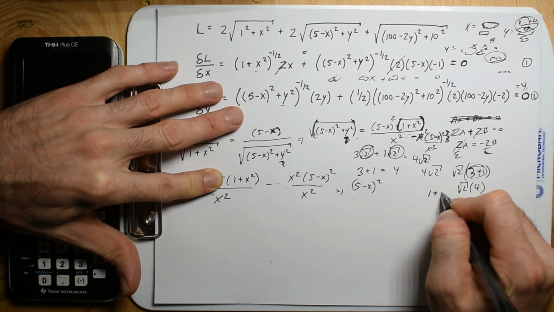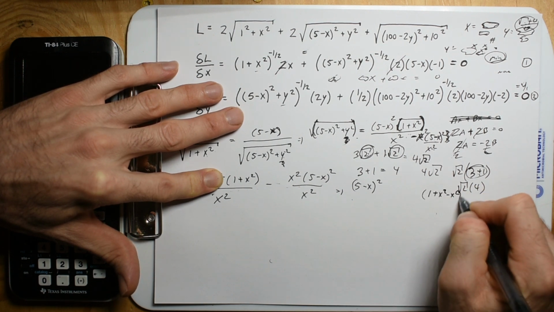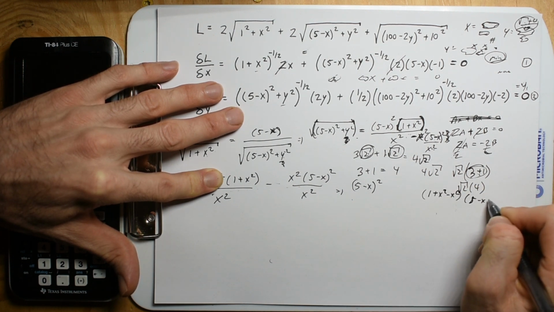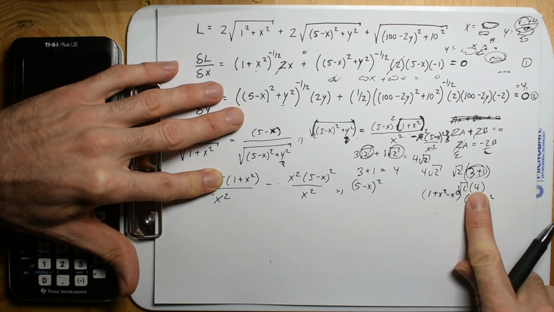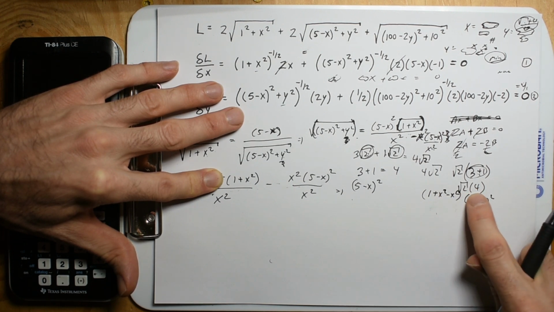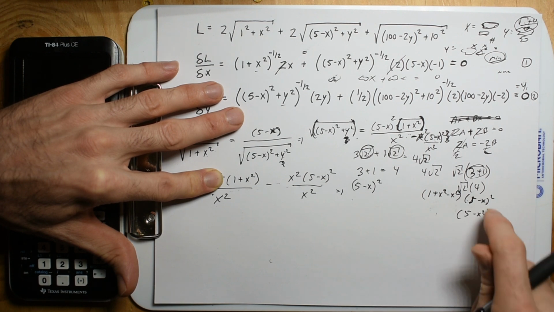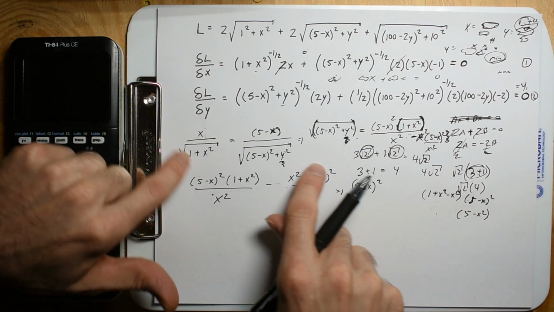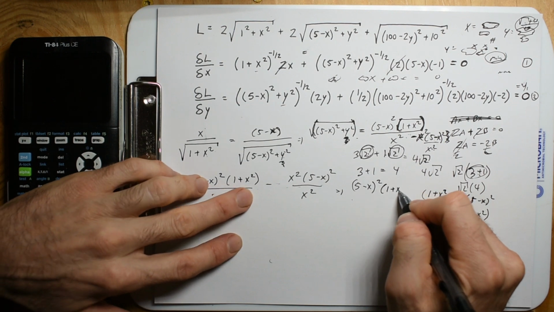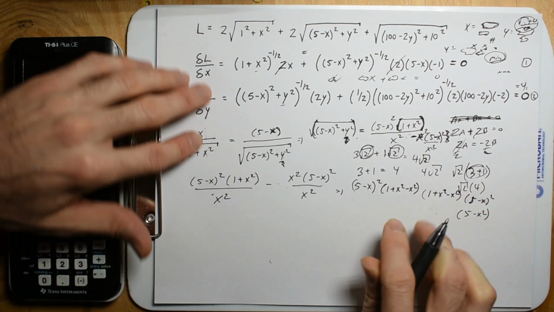I still have 1 plus x squared minus x squared oranges. And if I have 1 plus x squared minus x squared, well, I just have 1 orange. So there are a few different ways to look at that. Or just factor it out, and we get 1 plus x squared minus x squared.